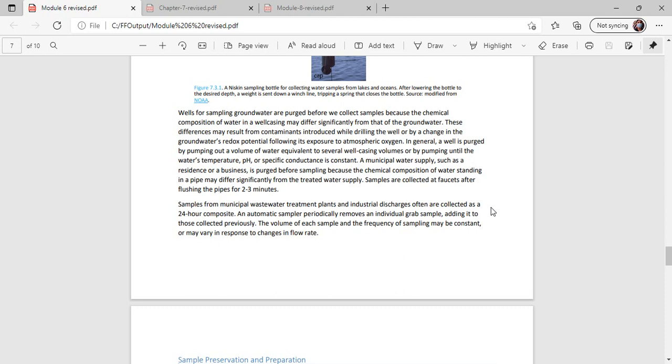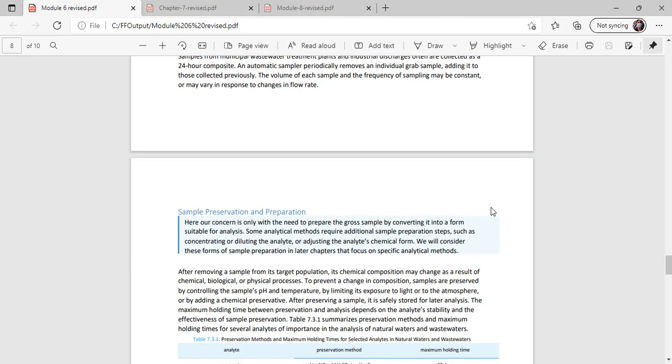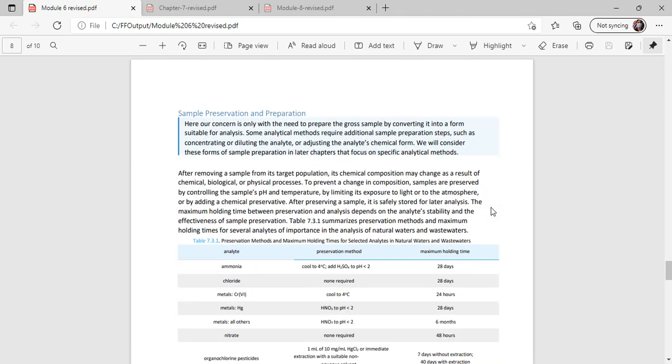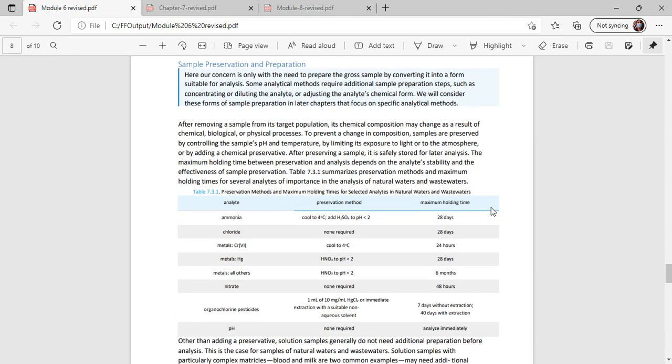Okay, samples from your municipal water treatment plants and also industrial discharges often are collected as a 24-hour composite. An automatic sampler periodically removes an individual sample, adding it to the one collected previously. The volume of each sample and frequency of sampling may be constant or may vary in response to the changes sa aton nga flow rate.